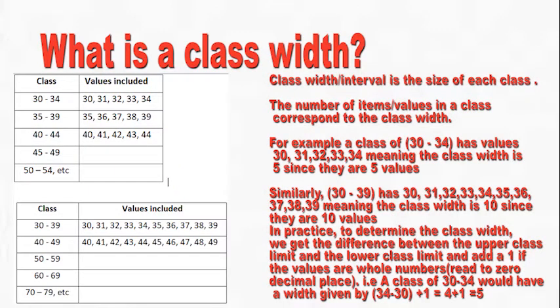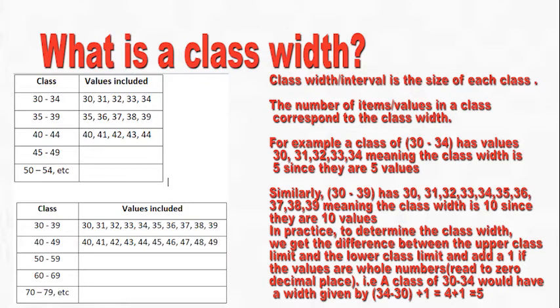A class width or interval is the size of each class. The number of items or values in a class corresponds to the class width. Take an example of a class of 30 to 34. The values included are 30, 31, 32, 33, and 34, meaning the class width is 5 since there are 5 values.